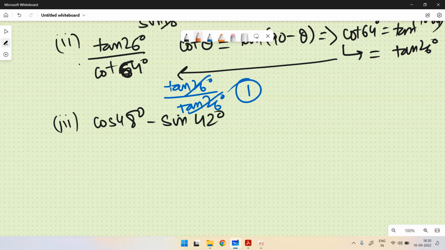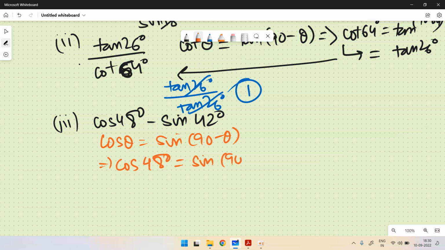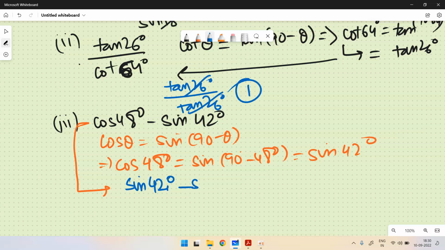You know that cos theta is sine of 90 minus theta, so if you substitute the value of theta as 48 degree, this is sine of 90 degree minus 48 degree, which is sine of 42 degree. So in place of cos 48, directly write sine 42 degree minus sine of 42 degree, which is 0. So the answer here is 0.